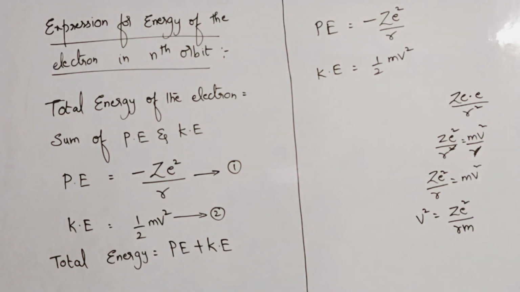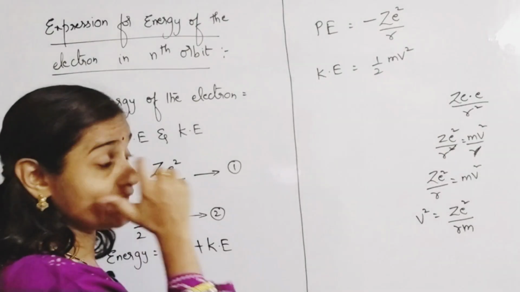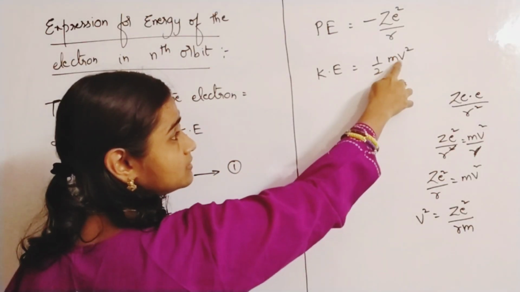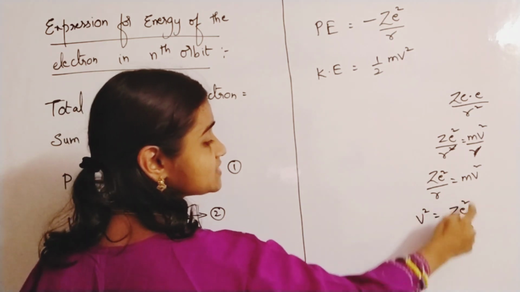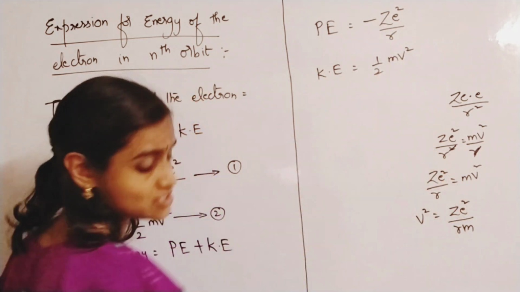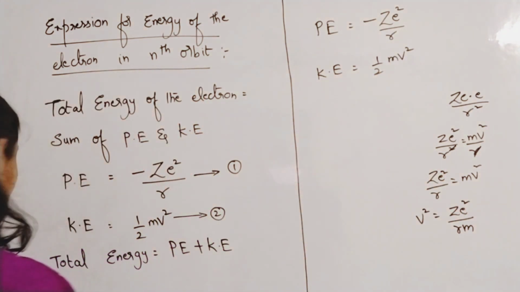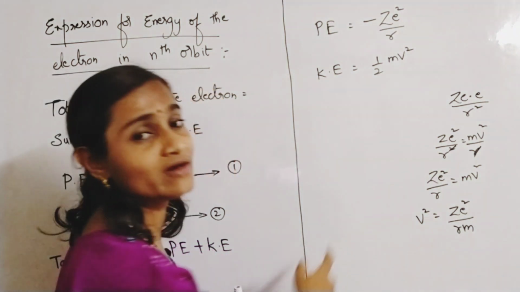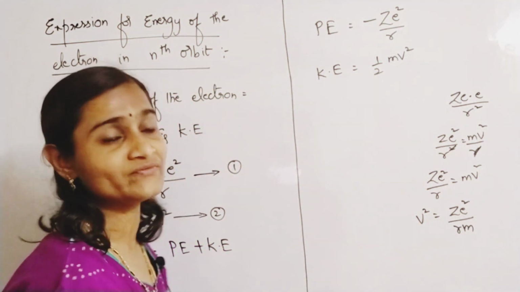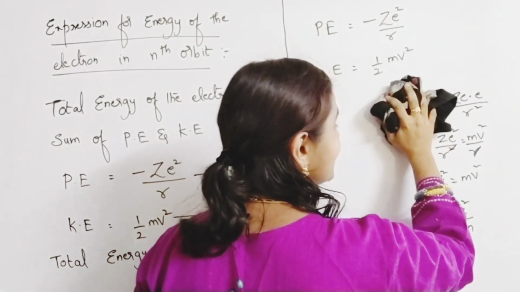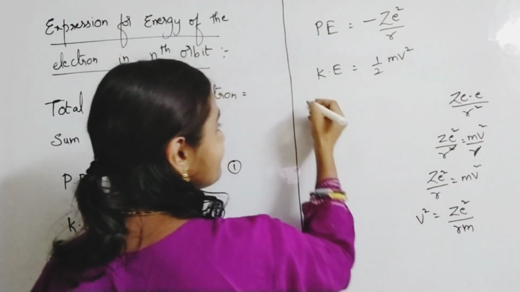I am going to directly write that v square is equal to Ze square by Rm in this equation. This is the one which we have learnt while learning about the radius of the orbit.